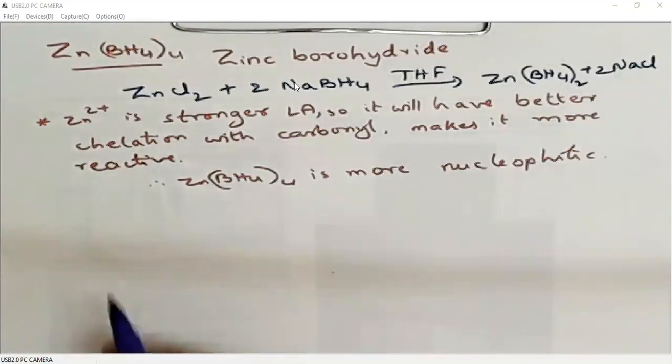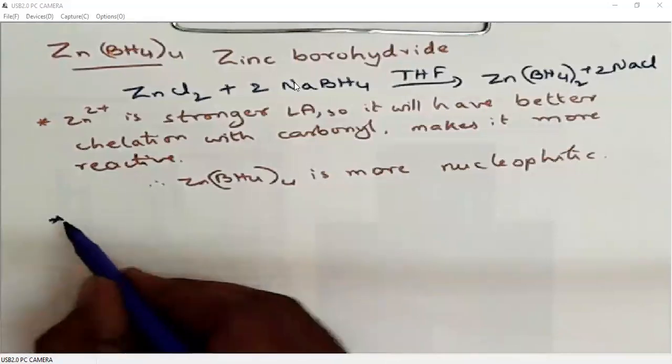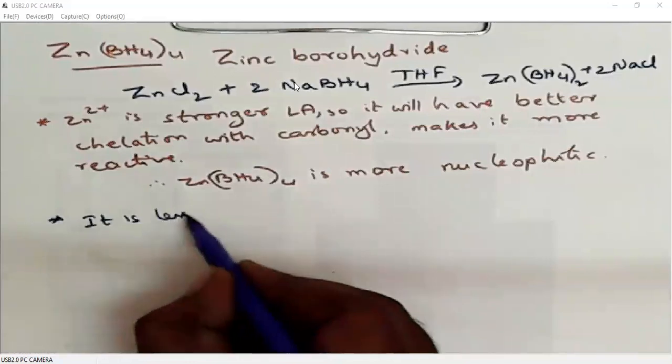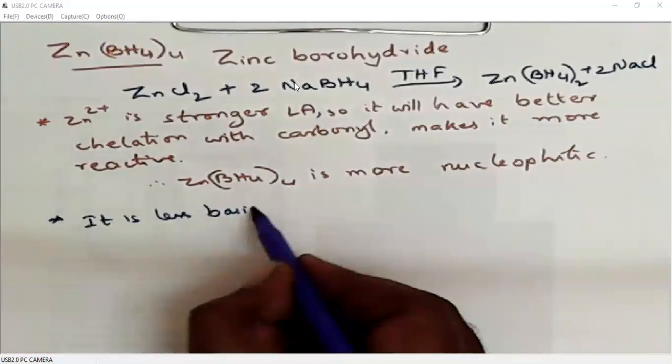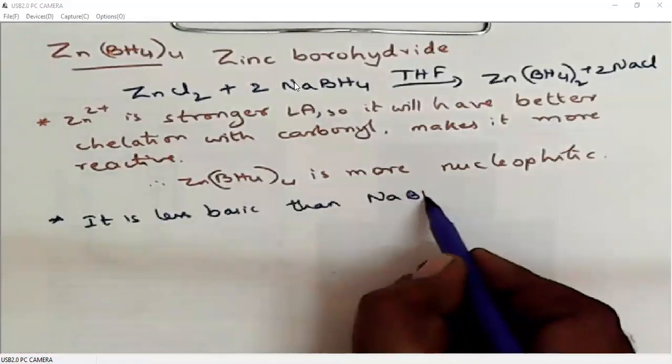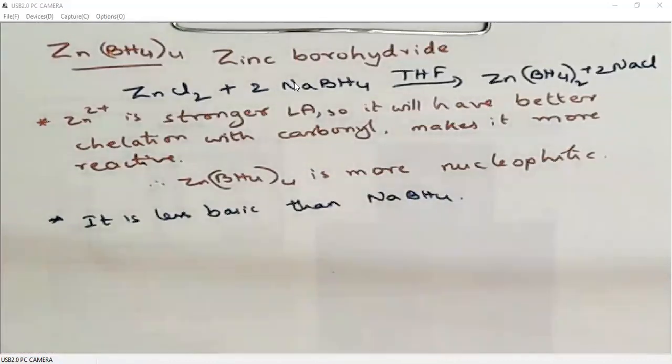One more advantage of zinc borohydride is that it is less basic than sodium borohydride. Compared to zinc borohydride, sodium borohydride is more basic.